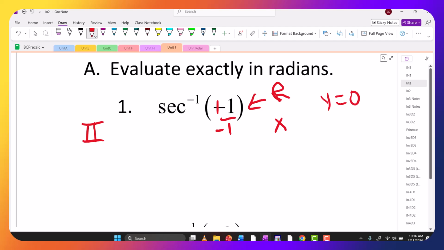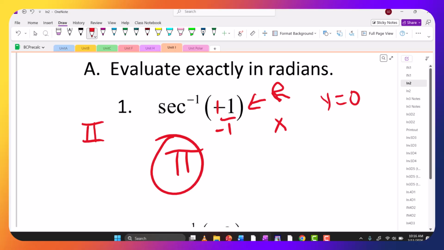Y would have to be 0, because 0 squared plus negative 1 squared equals 1 squared. Isn't that correct, right? So we're on a quadrantal. Where do you have 0 for y and negative 1 for x? Where does that graph? That graph's at pi. It's over. That's the answer. And that is part of the values that I can have for secant. All right, and that's how I would do that one real quick.